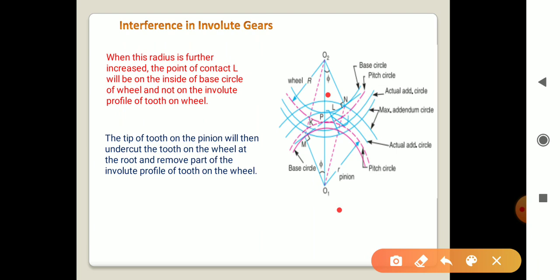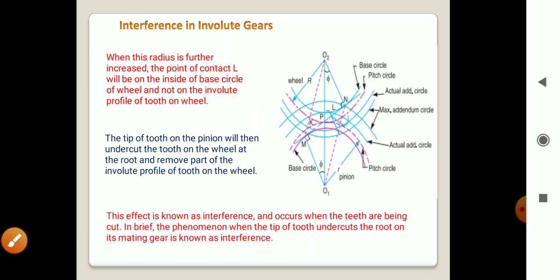If the radius is further increased so that the point moves inside the base circle, then what happens? This will undercut the tooth profile of the wheel. Because of that, the tip of the pinion tooth will undercut the tooth of the wheel.